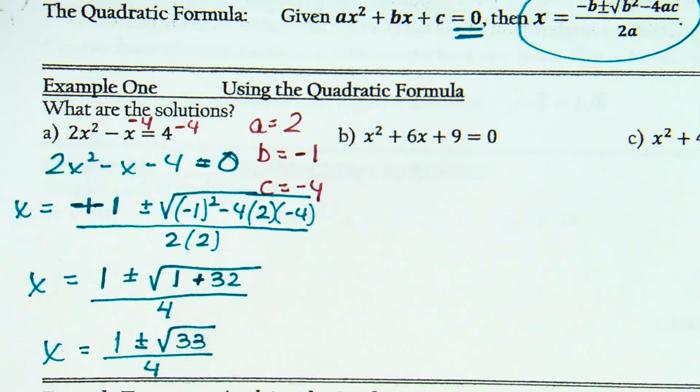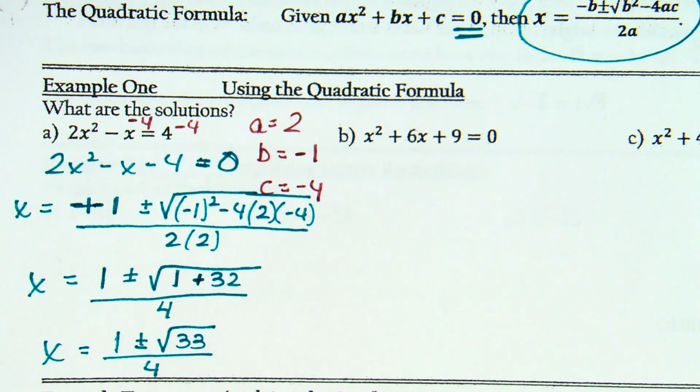It's some irrational decimal. If it comes out to be a nice perfect square, then we would need to continue. This one does not. And so usually we tend to leave our answers as such: 1 plus or minus the square root of 33 all over 4.